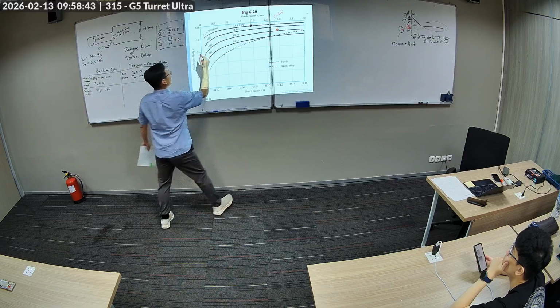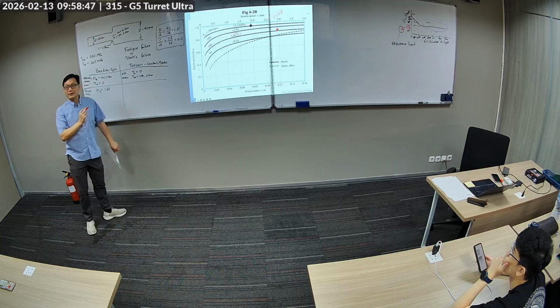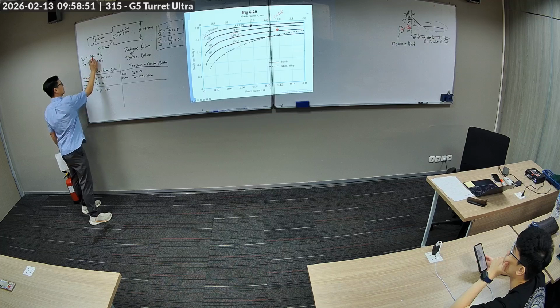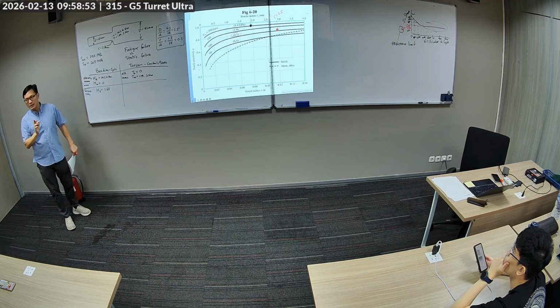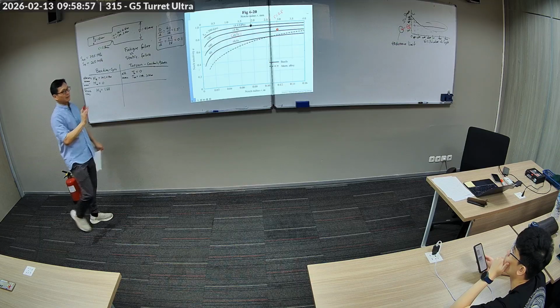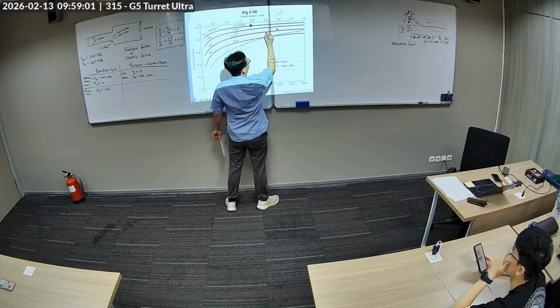And then this guy, 0.7 GPa, gigapascal. My SUT is 0.73 gigapascal. I would say this is the line we're interested in.